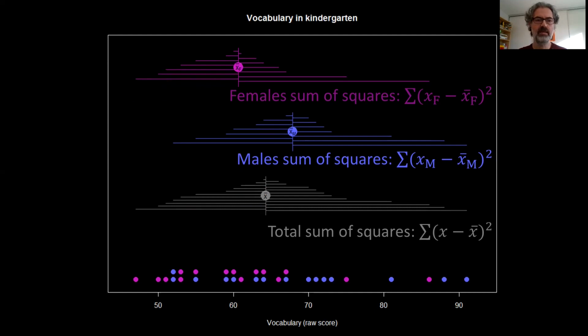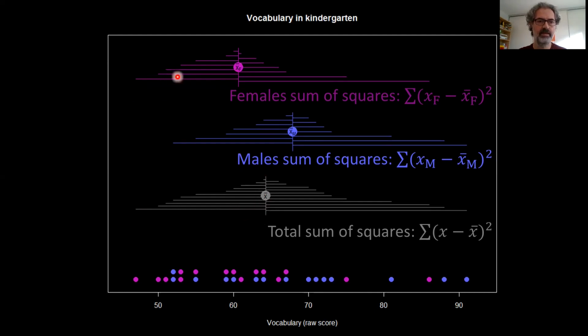Just take a moment to think about this. This line is longer than this line, and the difference in how long they are is exactly equal to the difference between this mean and this grand mean.